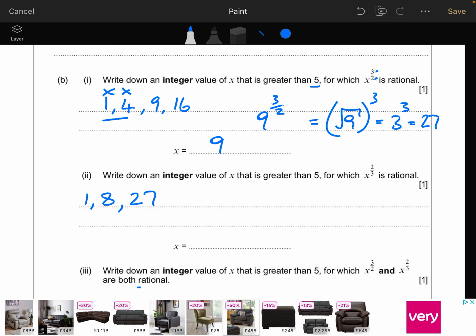It's got to be greater than 5, so 8 would work. Checking that, 8 to the 2 over 3 is the same as the cube root of 8 squared. The cube root of 8 is 2, 2 squared is 4, so that is an integer value.